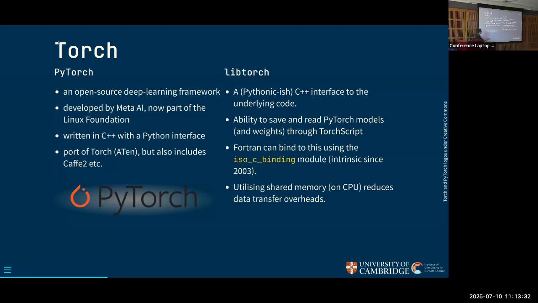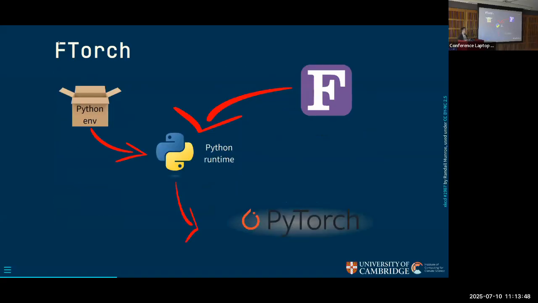There's this nice module that was added as part of the 2003 Fortran standard that allows you to make calls out to some kind of API written in C or C++. And so that is exactly what we're going to do.